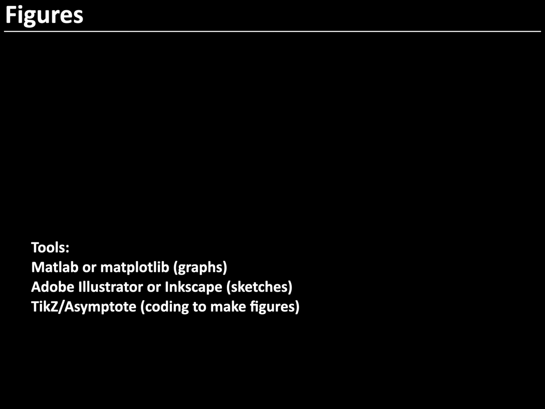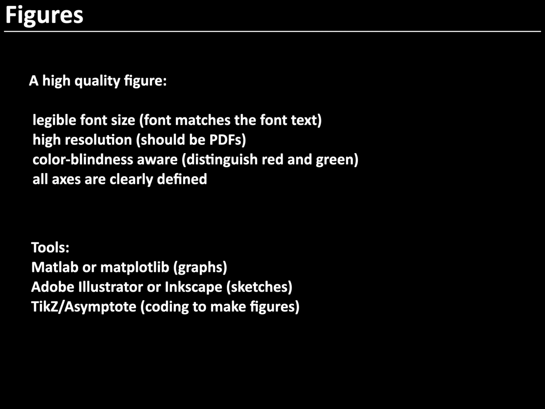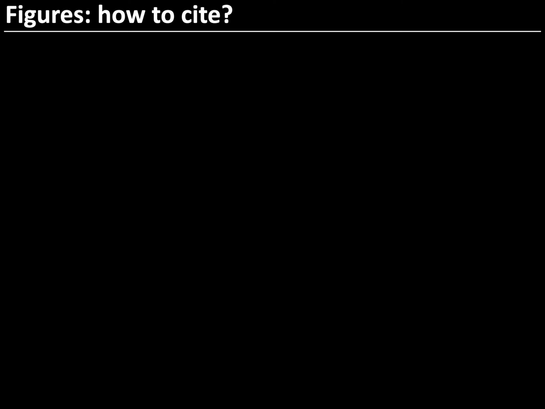So it was a pain in the ass initially, but after that period, it's amazing. I cannot live without TikZ and Asymptote. So that's how to have good figures and the tools to produce them. The next question is how to cite a figure.